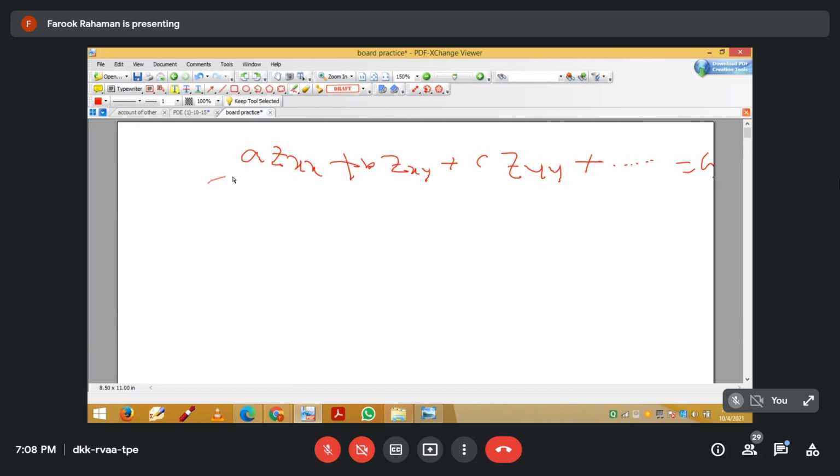Now from this equation, our main interest is the coefficient of A, the coefficient of B, and the coefficient of C.